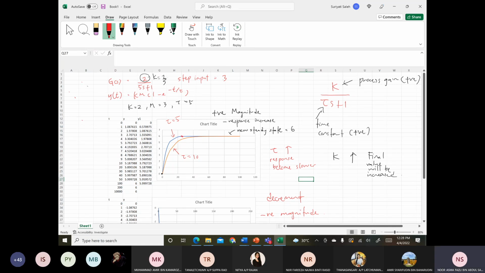But when the tau is doubled from 5 to 10, it reaches around here. So this is what we call a slower response when you increase the tau or time constant value. In this case, the tau is increased from 5 to 10. So this is the characteristic of the first order.